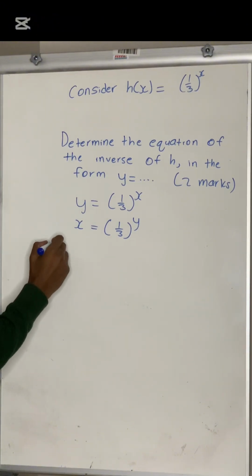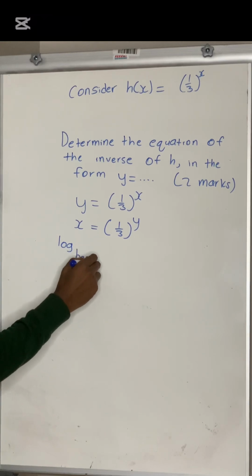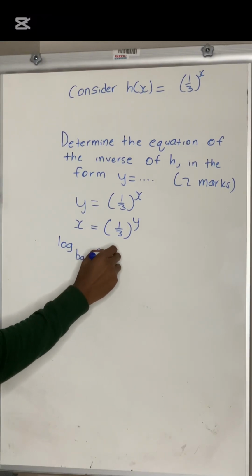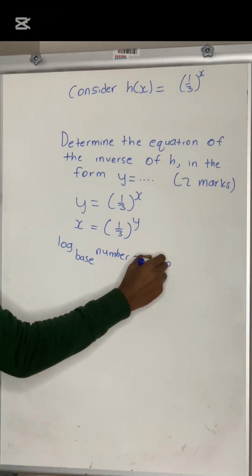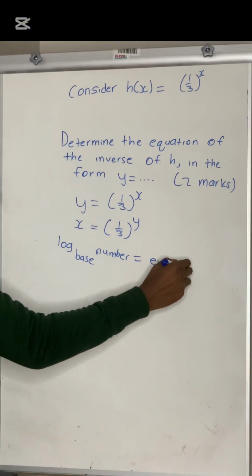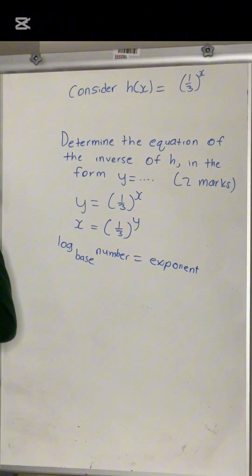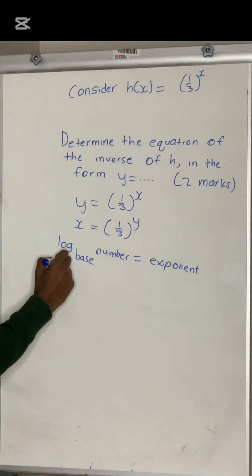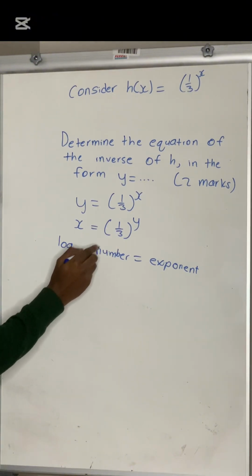So the log standard form says the log, the base, the number is equal to the exponent. So I'm going to try and explain that. The base is the base of this exponent, which is 1/3.